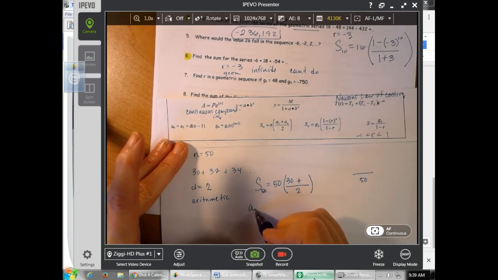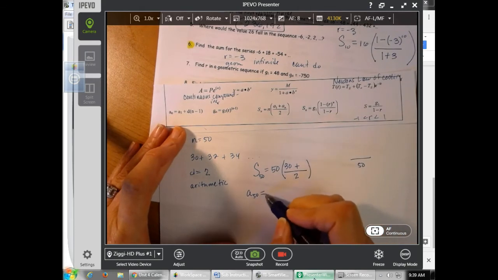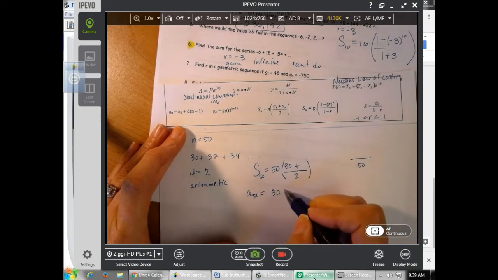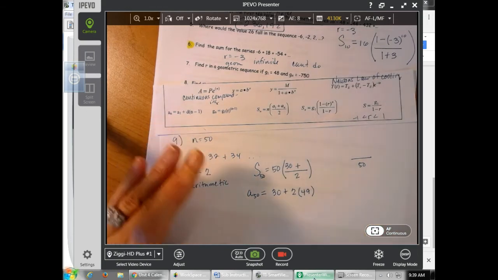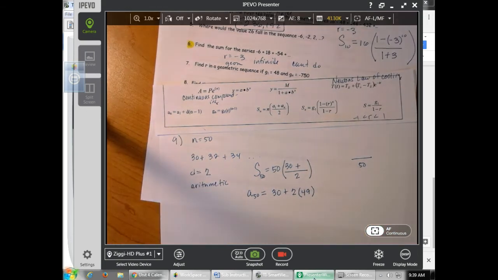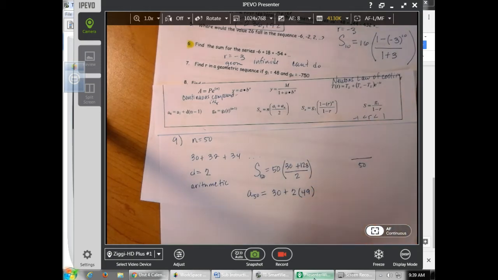So I want the value of the 50th term in the pattern, and I'm starting with 30. I'm adding 2 every time, and of course I multiply that by 49. Okay, so just do that in your calculator and you get the value of that 50th term. And you get 128. So in the 50th row, there's 128.